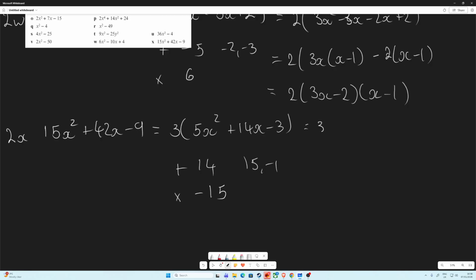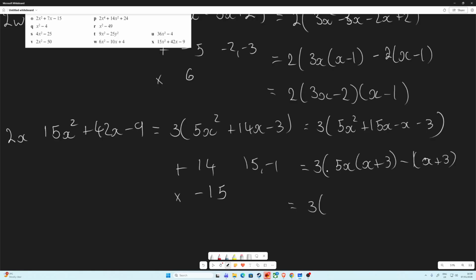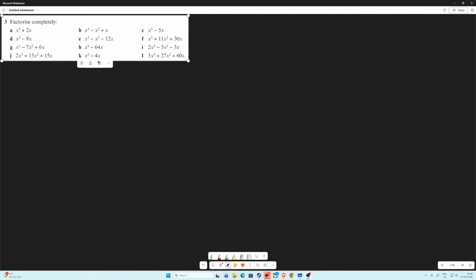So that equals 3 times 5x squared plus 15x minus x minus 3. So that's 3 times 5x times x plus 3, minus 1 times x plus 3. So the answer is 3 times 5x minus 1 times x plus 3. And that is the end of question 2. Let's carry on with question 3.